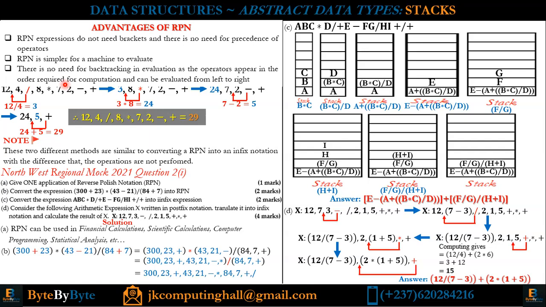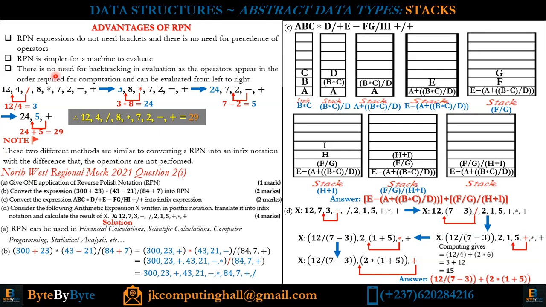Advantages of RPN. RPN expressions do not need brackets and there is no need for precedence of operators. Very correct. Remember that when we were evaluating this expression, there was no order of precedence. We were not checking like that. No, we simply evaluate, applying the rules. The next one, RPN is simpler for a machine to evaluate. Correct.